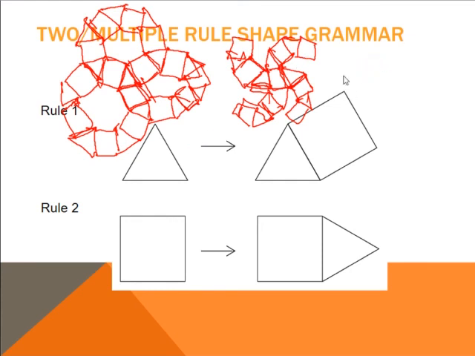So first you start with a square, and then you apply the rules to this side, then you apply to this side. Okay, then you apply to this side, apply to this side. Something like that.